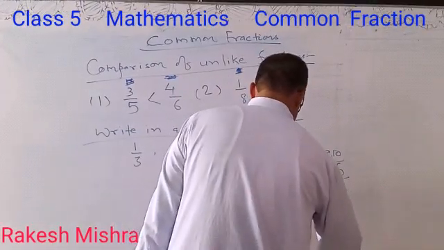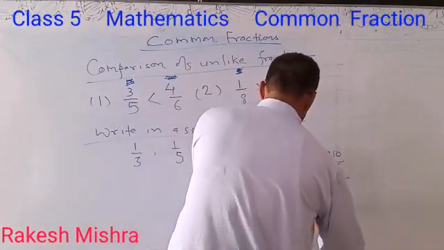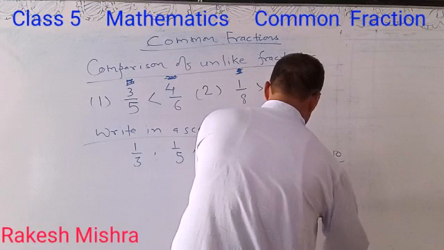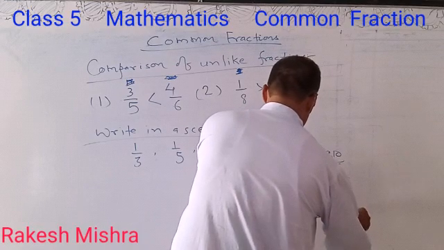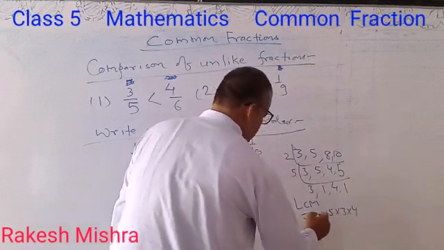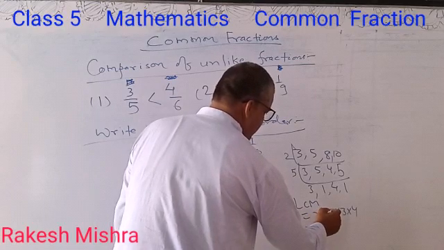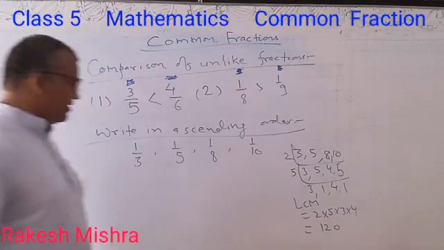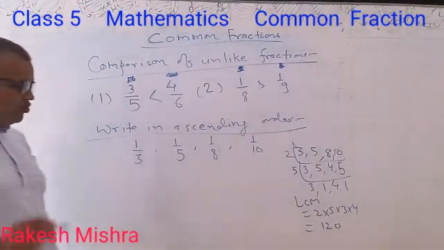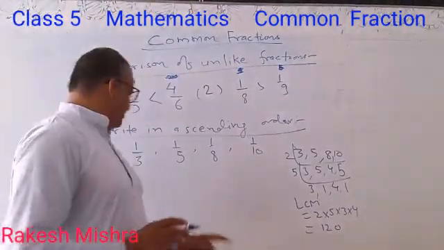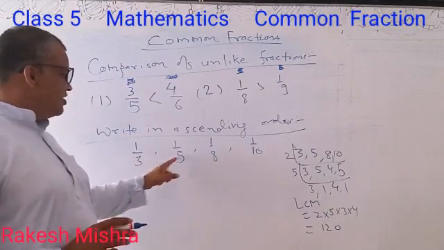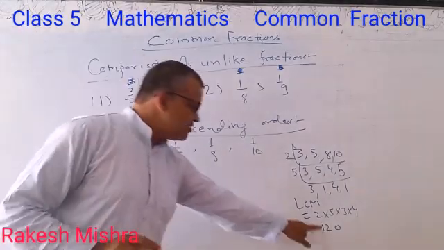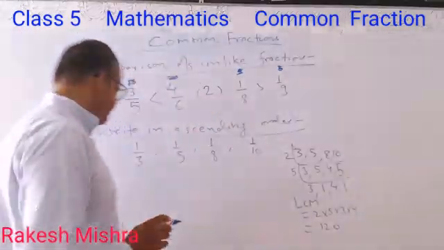LCM will be 2 into 5 into 3 into 4. 2 5s are 10, 10 3s are 30, 30 4s are 120. It means the LCM of these denominators is 120.